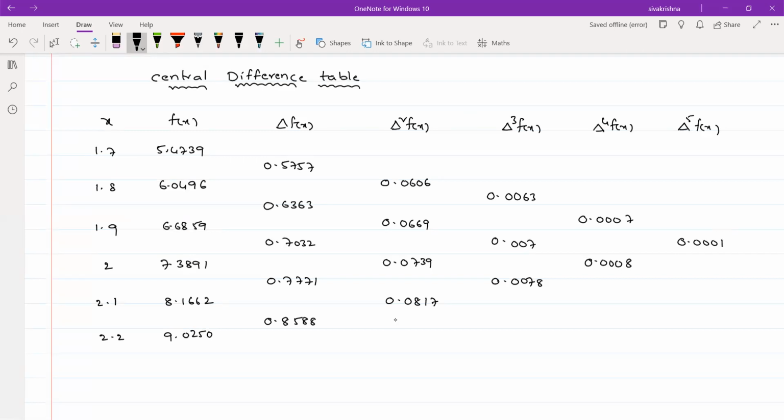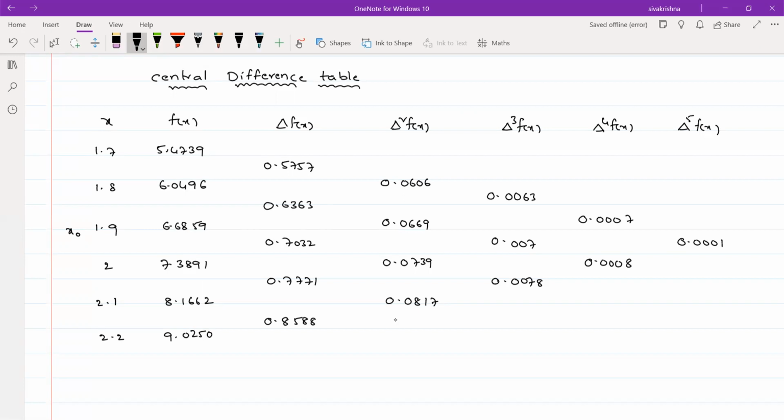Since we have chosen 1.9 as x0, this is x0. The values below x0 should be treated as x1, x2, x3, and the values above x0 should be treated as x minus 1 and x minus 2. This is x minus 2, and the corresponding value is y minus 2.